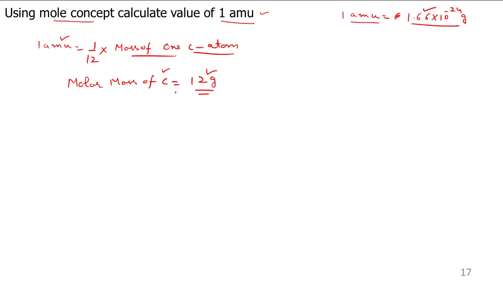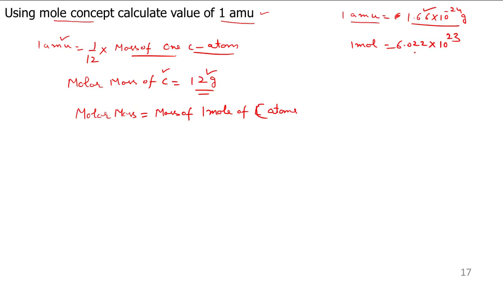Like we said, molar mass is equal to the mass of 1 mole of carbon atoms, and 1 mole is equal to 6.022 into 10 raised to power 23.